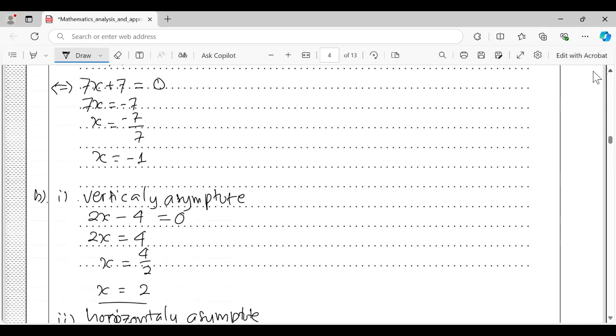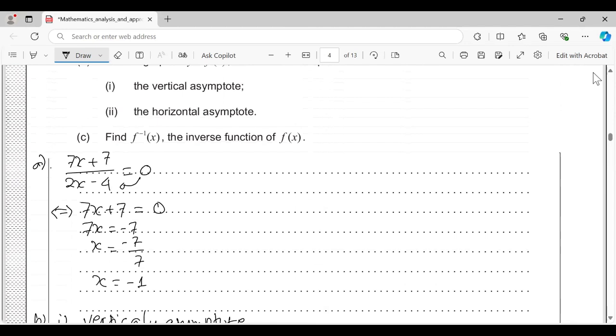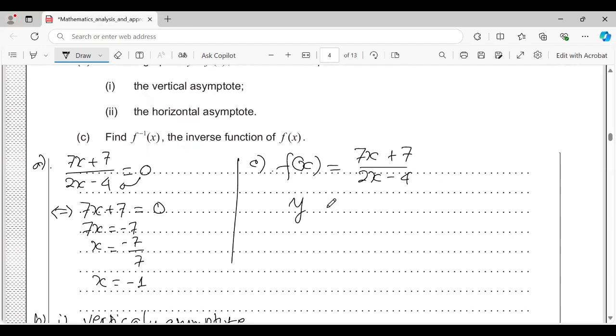And the next question is find the inverse of f(x). Okay, find the inverse of f(x). So if f(x) equals (7x + 7) over (2x - 4), we can write this function as y equals (7x + 7) over (2x - 4).